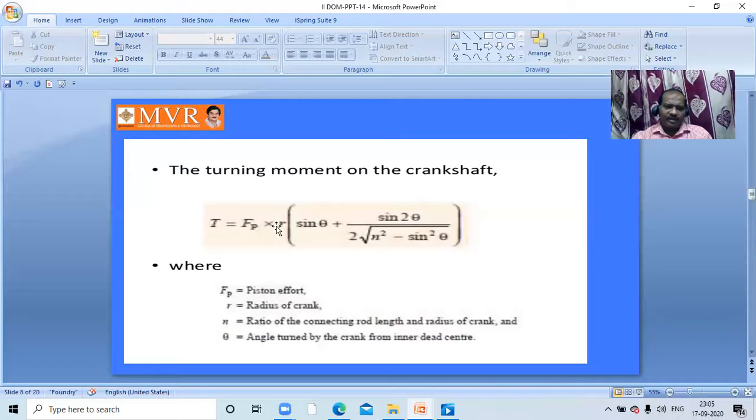So Fp and R are the variables, and these variables depend upon the angle theta and n. n is always constant. The ratio of the connecting rod length to the radius of the crank does not change once it is fixed. The variables are only piston effort, R and the angle theta.